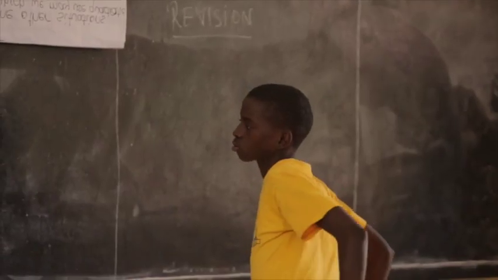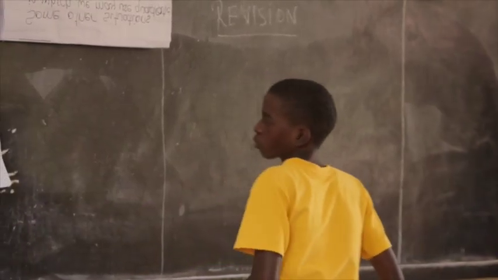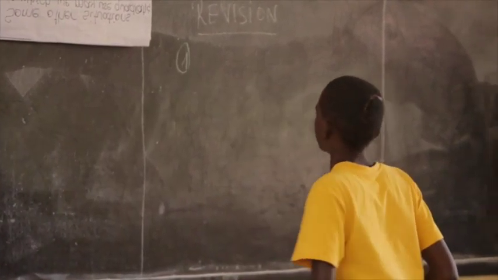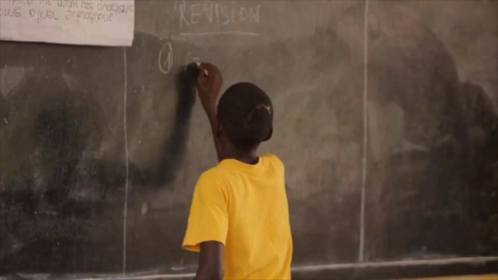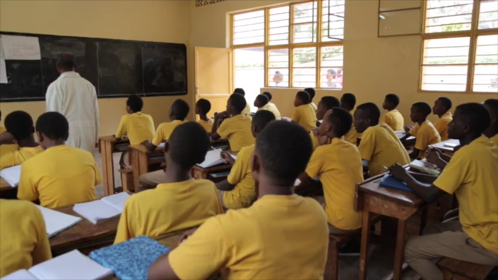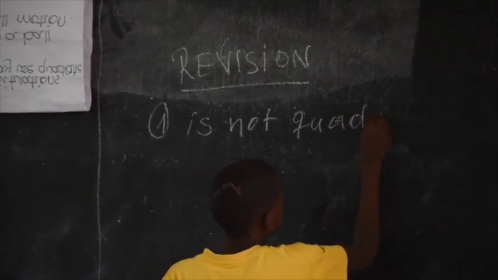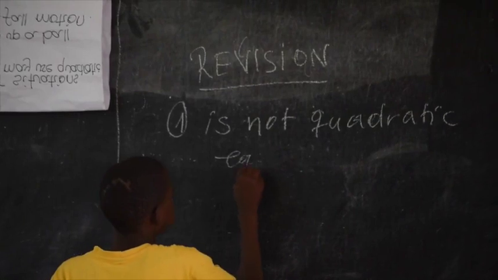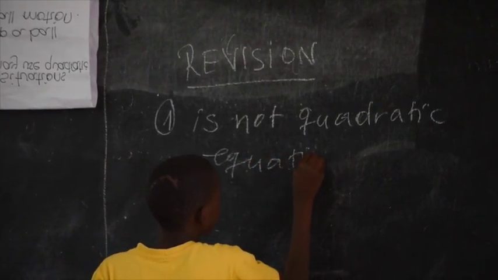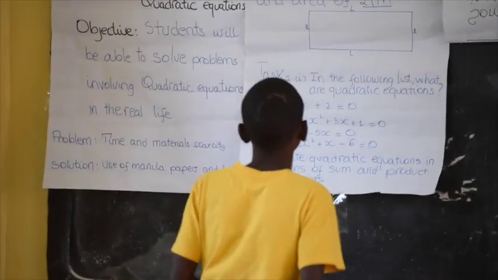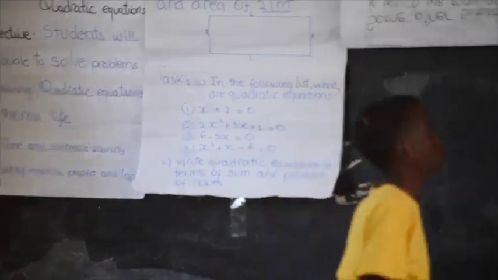As you see, we have some equations there. One is not a quadratic equation because it has no degree of 2, but it is a linear equation.